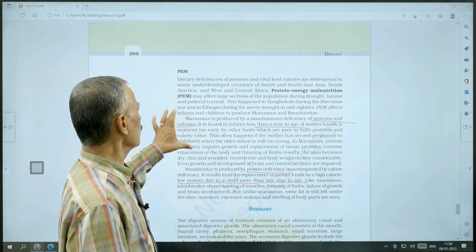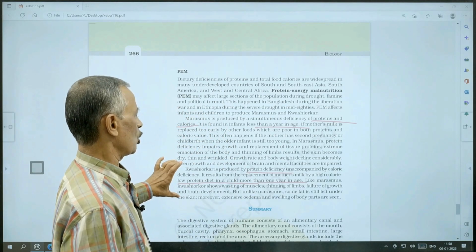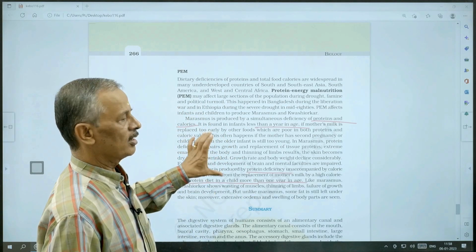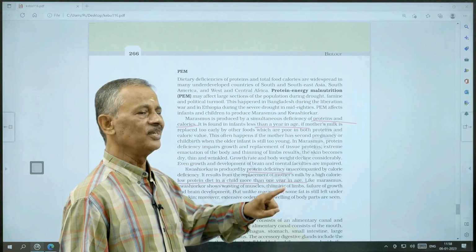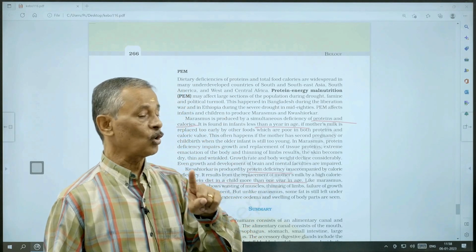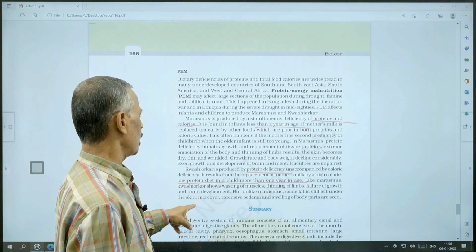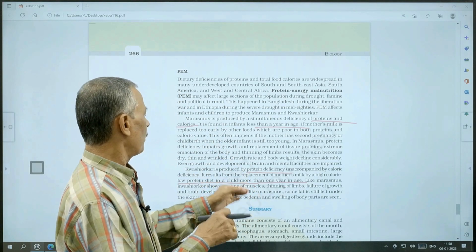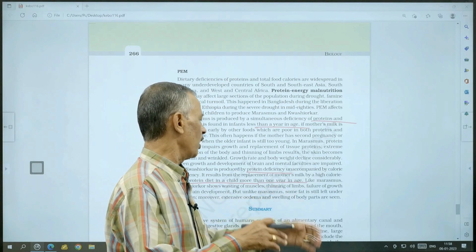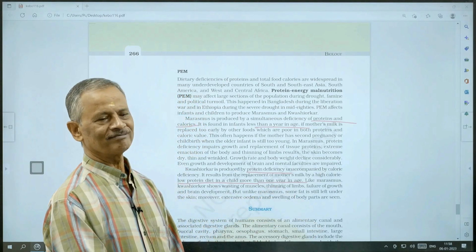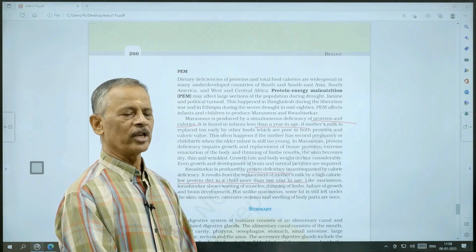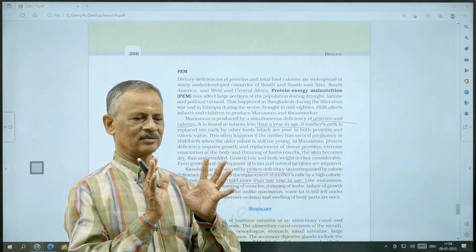So we can distinguish marasmus and kwashiorkor by the appearance of the child. In marasmus, the skin is wrinkled and there is no edema. Whereas in kwashiorkor, there is no wrinkling, but there is extensive edema and swelling of body parts, because of accumulation of fluid.